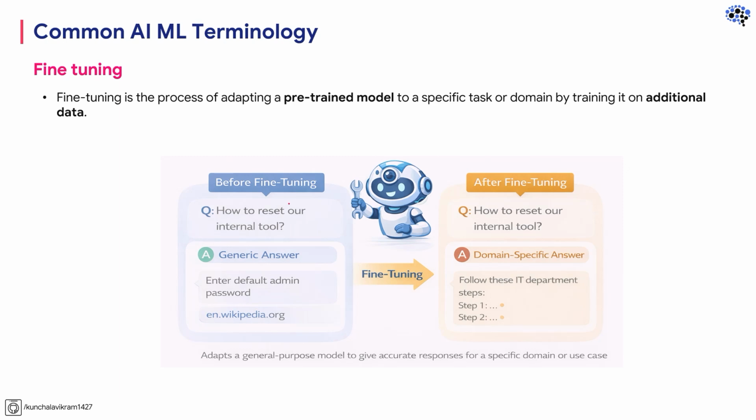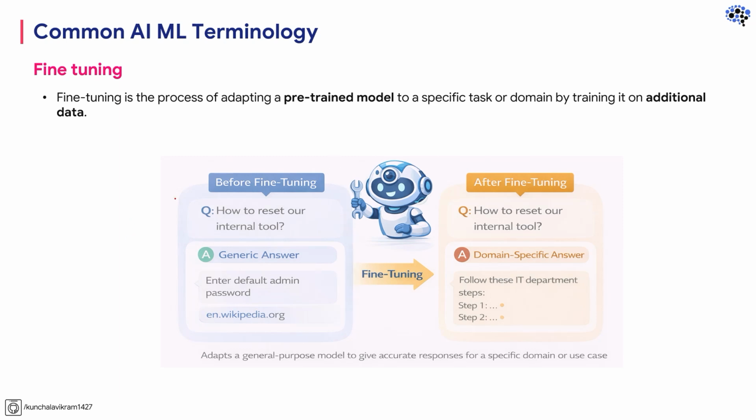For example, let's say how to reset my internal Jira password. Let's say this Jira is hosted in my organization, on a private network. In this case, the model will say that you can use the default admin username or password, or it may generate something very generic, because the model is not trained on this specific data.